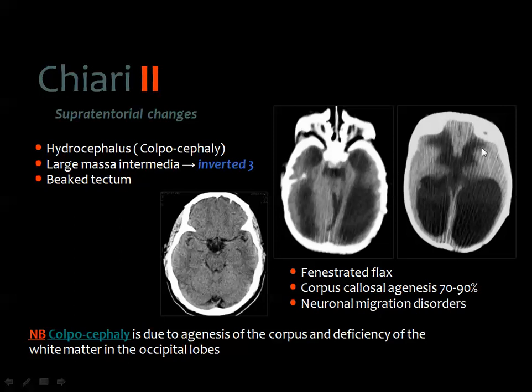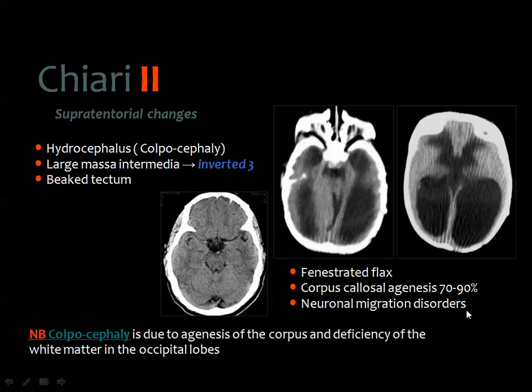This is the region of the caudate nucleus, and this is the region of the thalamus. These indentations will result in the figure of 3 on one side and the inverted 3 on the opposite side. And of course, agenesis of the corpus callosum is seen in a good percentage of these patients.